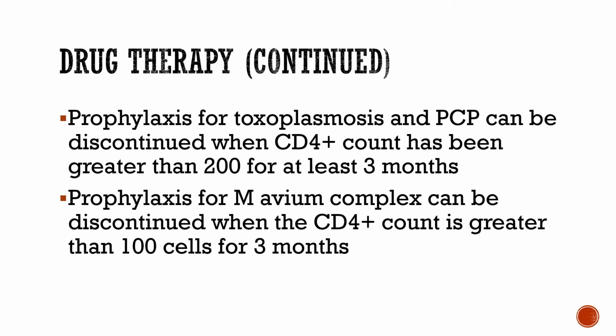It has to be greater than 200 for 3 months. So in effect, besides being treated for these infections, they may also at this time be making lifestyle changes. Prophylaxis for M. avium complex can be discontinued when the CD4 count is greater than 100 cells for 3 months.